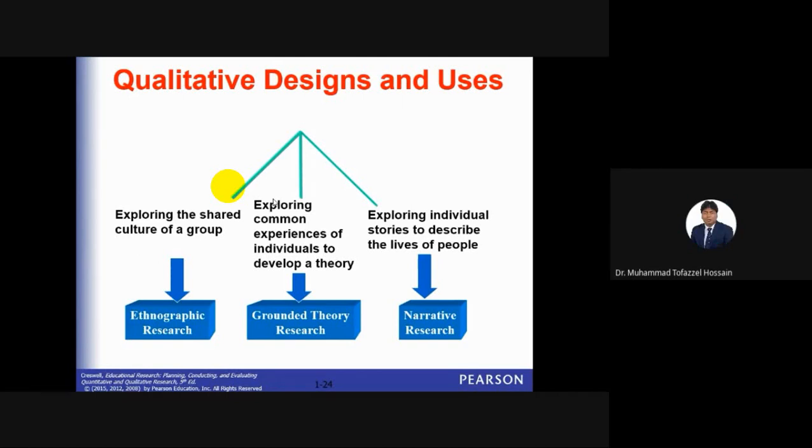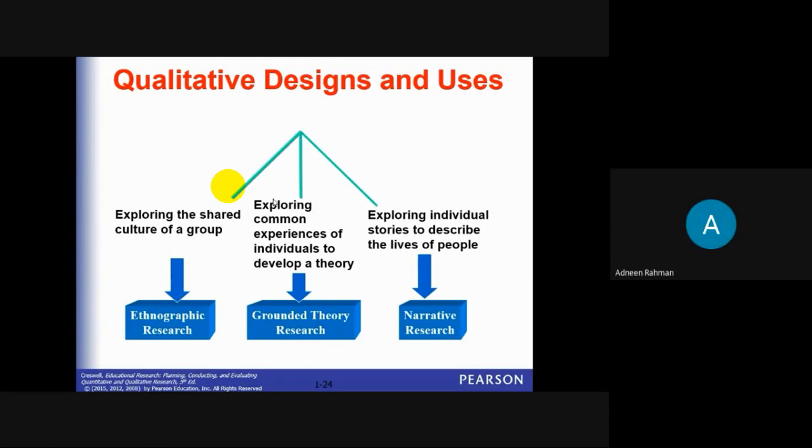So it may also be ethnographic: what is the experience of all the people who took microcredit? It may also be grounded theory: what is the overall impact of microcredit on rural people, the common experiences?